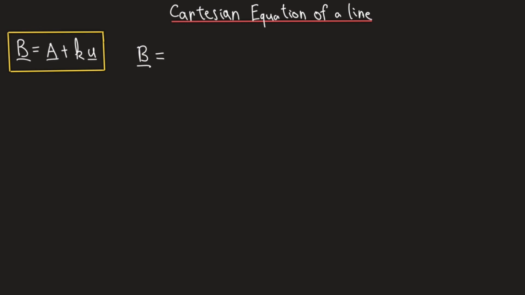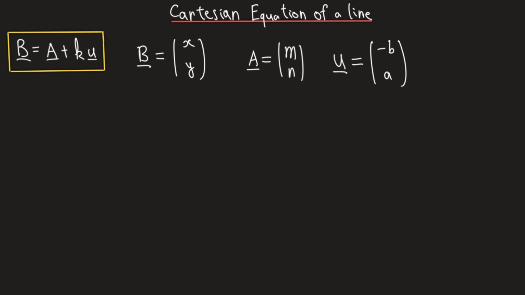First, what we need to do is express our general position vector b in terms of coordinates. And to make it as general as possible, we will call these coordinates x and y. Furthermore, we can write down the expression of our position vector a in terms of coordinates m and n. Finally, we need to write down the coordinates of our direction vector u. And I will write these coordinates as minus b on the x-axis and a on the y-axis.